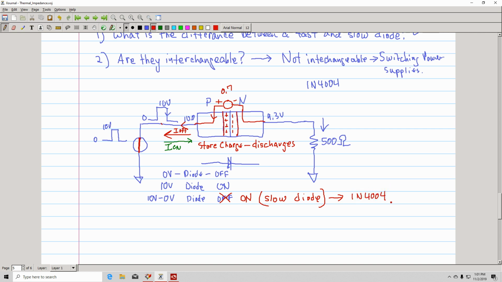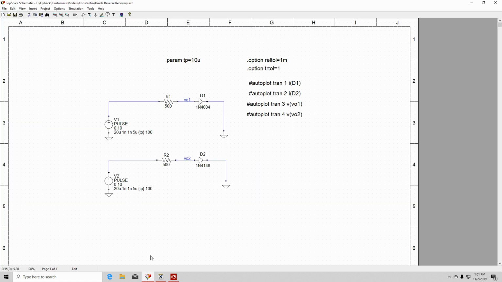This is an example of, let's say, a 1N4004. Let's go ahead and see if we can go to the SPICE simulator and see some of that charging effect. I'm going to model a slow diode, and then I'm going to model a switching diode, which is a 4144.